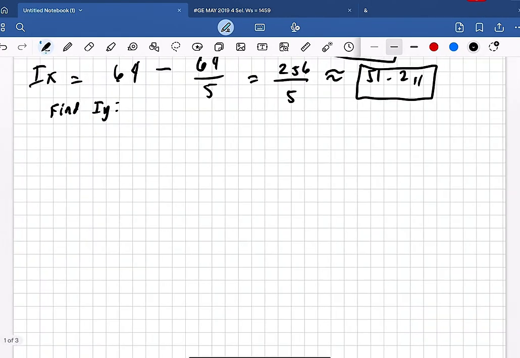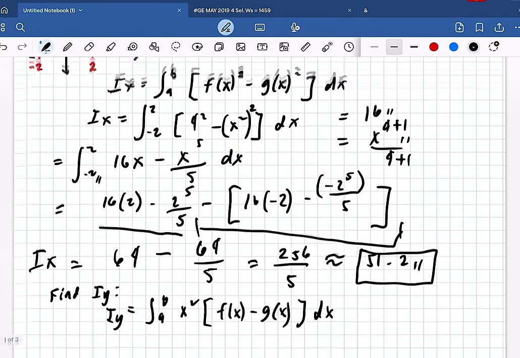It is the integral from a to b of x squared, bracket f of x minus g of x, dx. Let's see if this is correct.